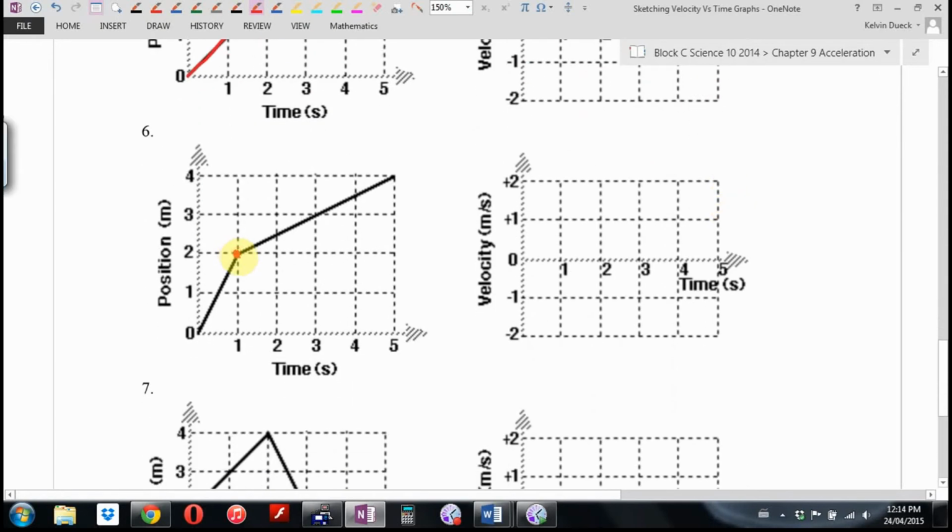There's a change in velocity right there. So for the first second, how fast are we traveling? What's the rise? What's the run? So what's my velocity for the first second? Then, how fast am I traveling for the remainder? For this line, what's the rise?